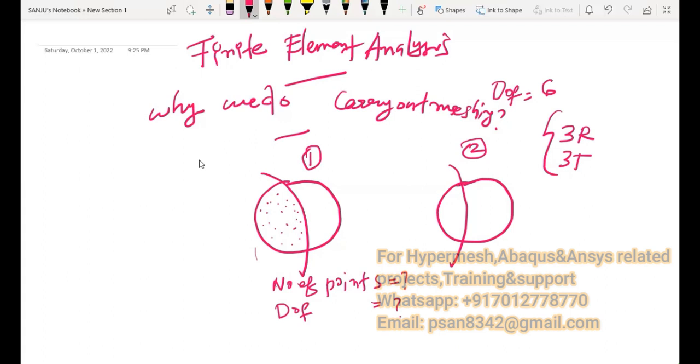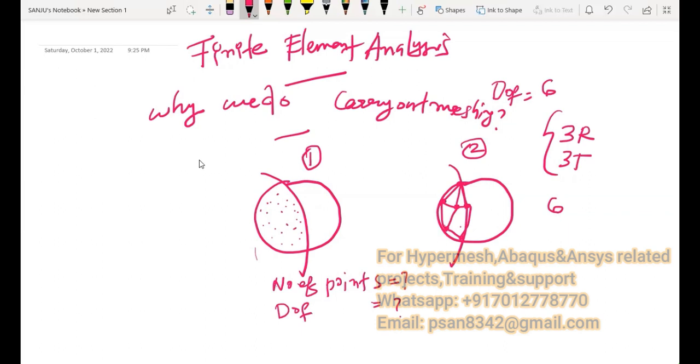I'm discretizing the interested area by some method, dividing this into different segments. So I'm having 1, 2, 3, 4, 5, 6, 6 points here.